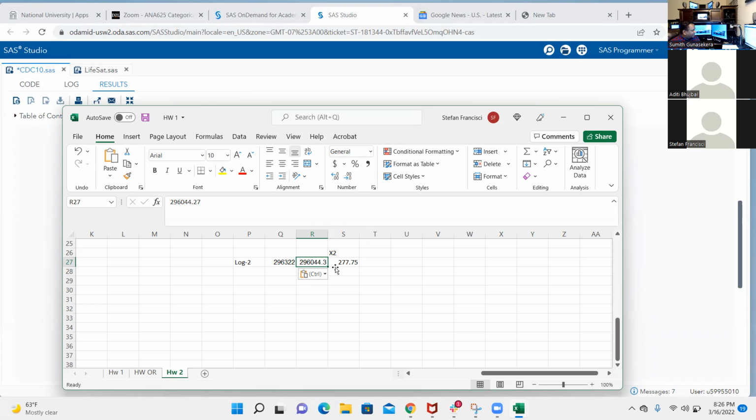When you run that one, the deviance is 26 something. I saw that 26 something with the p-value.